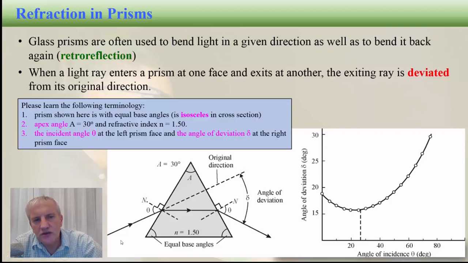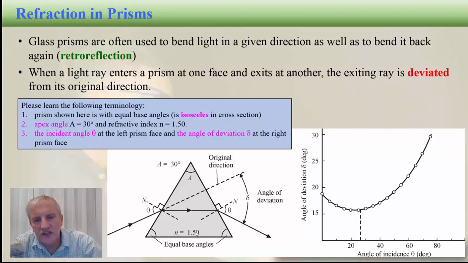We also want to introduce a few other terms here. The first one being isosceles prism. So we're talking about a prism that has equal base angles. So you can see here we are talking about a triangular prism, or a prism that has a triangle as its base, and a triangle is a geometrical shape that is described by these three internal angles.